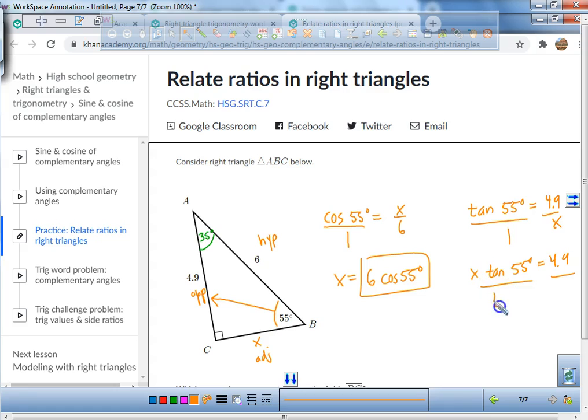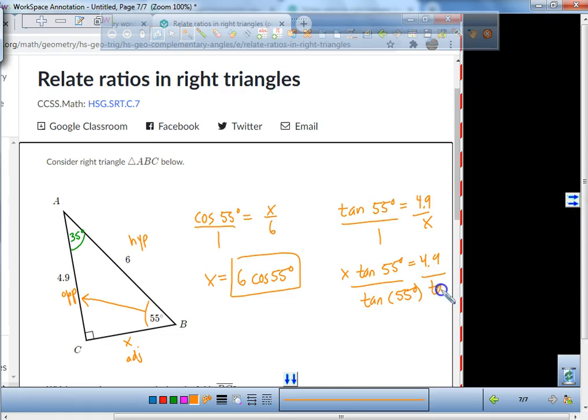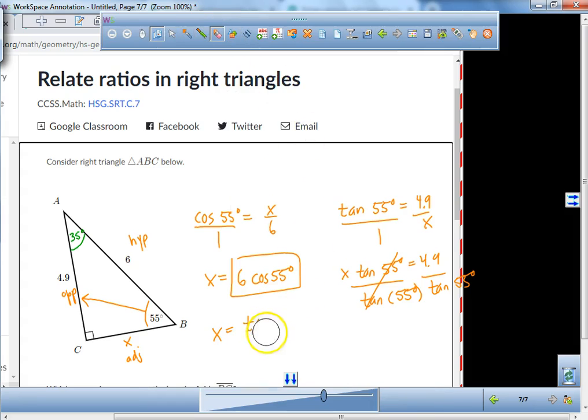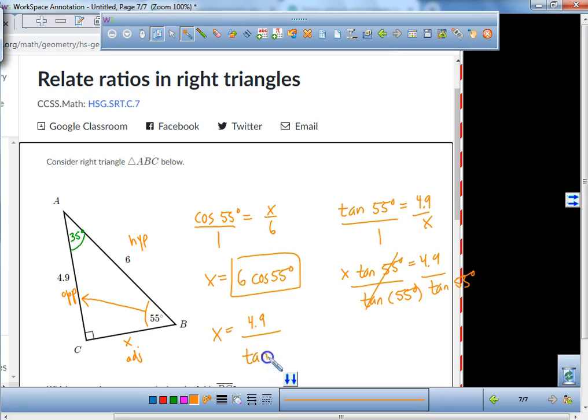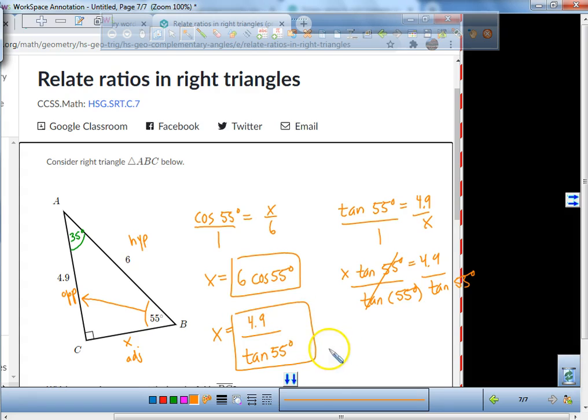But I'll have to divide both sides by the tangent of 55 degrees. So another answer would be x equals 4.9 divided by the tangent of 55 degrees. Now that's from this perspective right here.